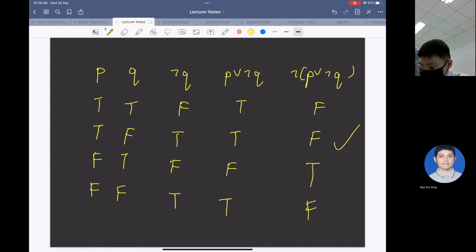So this one is wrong, you mean? Yeah. Let me try P and not Q. False and false, false. So it's true. It's also not.